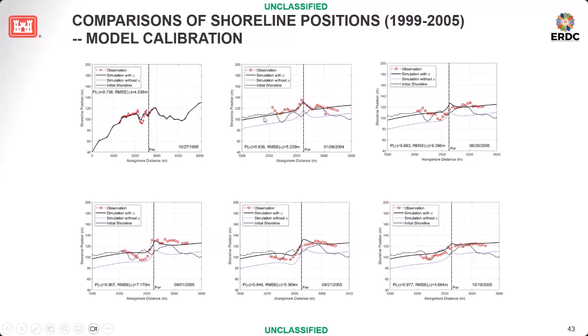Because the wave input along the shore is almost constant, so it generates an almost constant net longshore transport. So the simulated beach profile with cross-shore agrees pretty well with survey data.